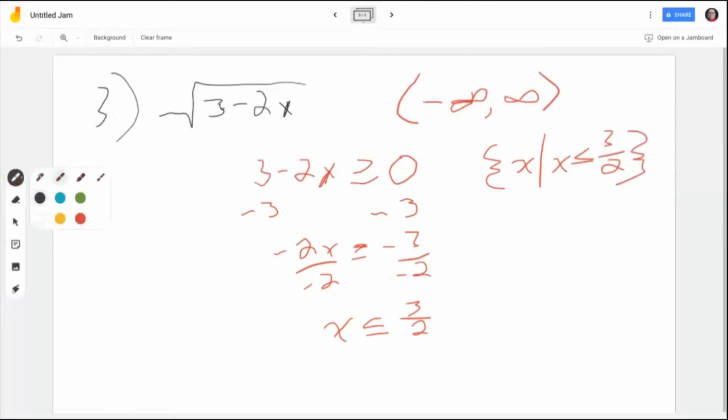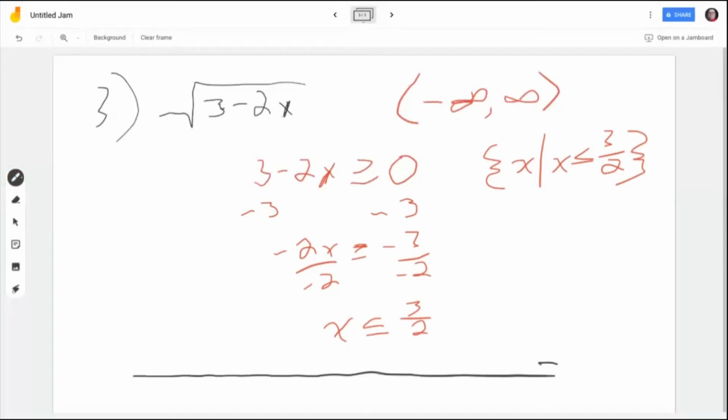Let's get a number line going. Let's say 0, 1, 2, 3, 4, and negative 1, negative 2, negative 3.